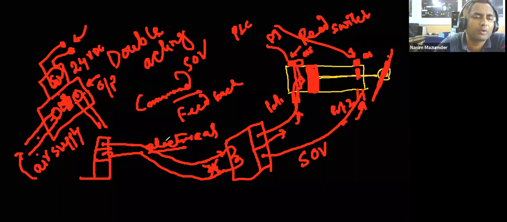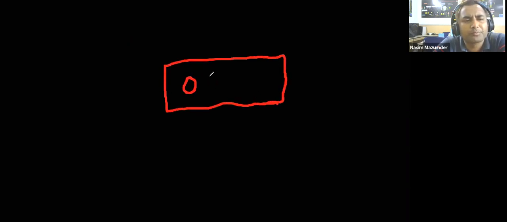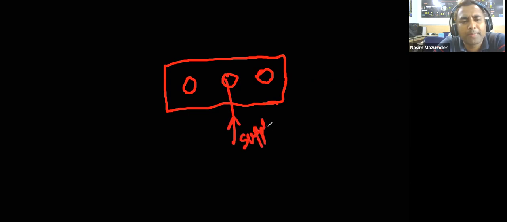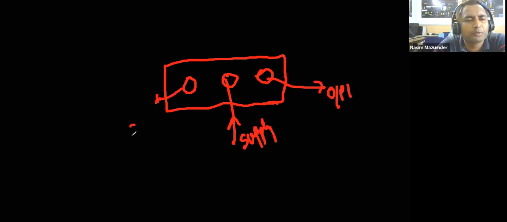Now, when we are talking about our double acting solenoid valve, it will have 3 ports. One will be your supply, and two will be outputs: output one and output two.